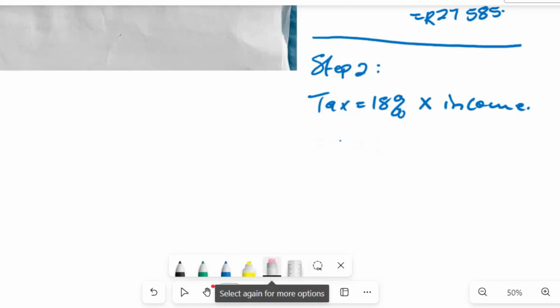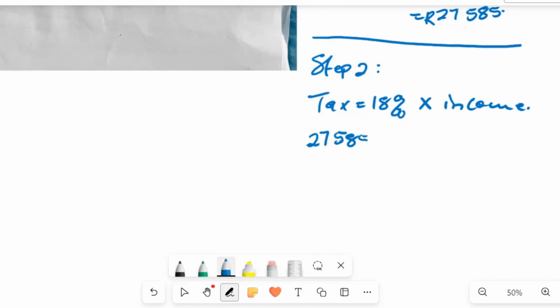The tax is the rebate, which is 27,585, equals 18% of the income.